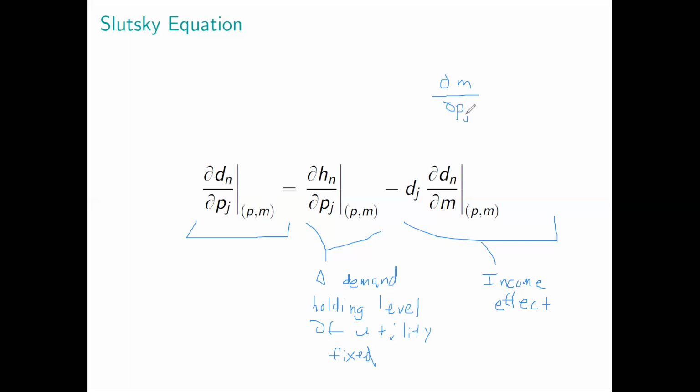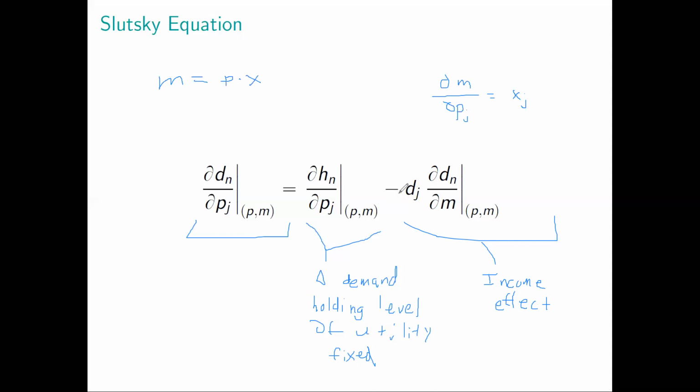So, recall for locally non-satiated utility functions, we have that m is equal to p inner product x. But if we differentiate this, then our income is really changing at rate just xj, right? So our income changes at this rate, and this is what's captured here.